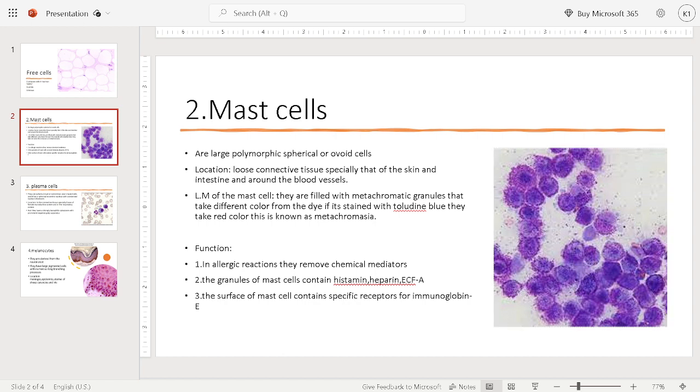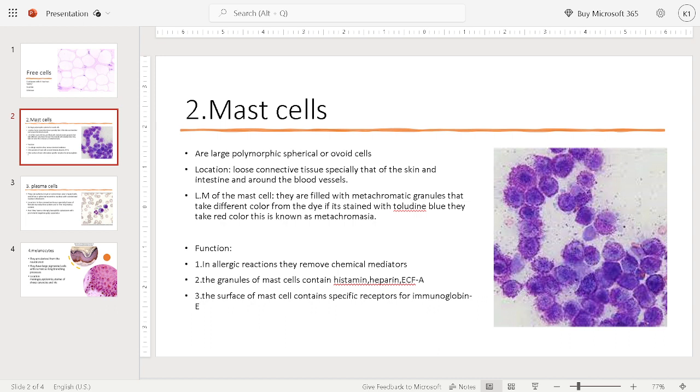They are filled with metachromatic granules. Those dots or spots around in the cytoplasm are called granules. They take a different color from the dye. If they are stained with toluidine blue, they take a red color.